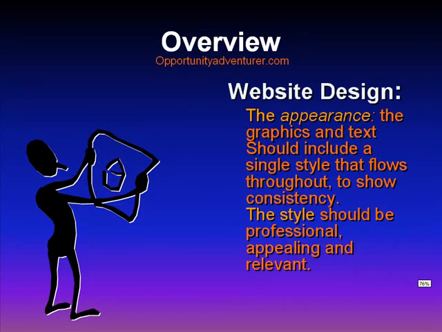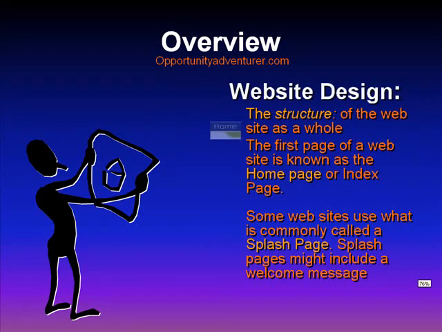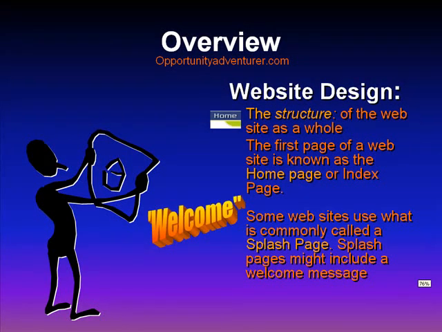Since this is your business image, the appearance of your graphics and your text should include a single style that flows throughout to show consistency. And do it with style. It should be professional, appealing, and relevant. At this point, you should be really getting the feel for the big picture of website design, the structure of your website as a whole.